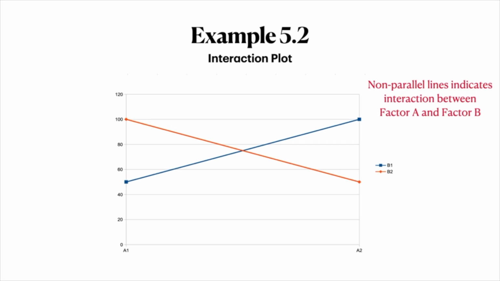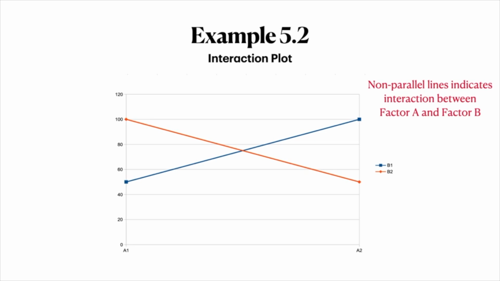And if the lines are not parallel, that indicates interaction exists. And the extent to which the lines are not parallel indicates the degree of interaction. So these are very non-parallel lines, and so there's a lot of interaction here between the two factors.